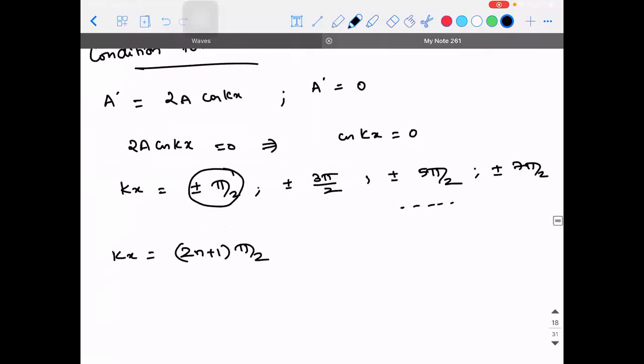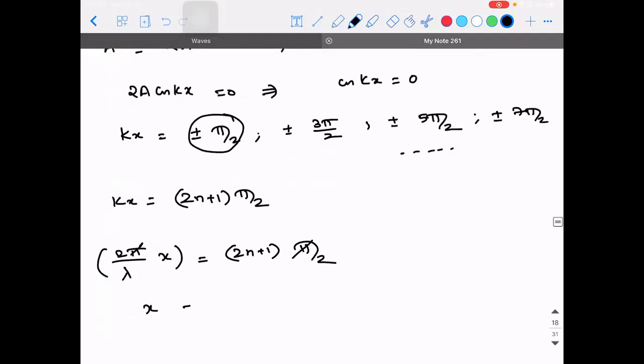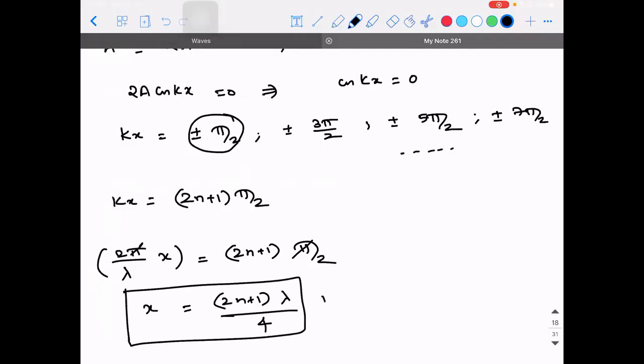You write it as 2n plus 1, times pi by 2. Right? So k is nothing but 2 pi by lambda, because it's the angular wave number. It is 2n plus 1 into pi by 2. Pi and pi are gone. So x will be equal to 2n plus 1 into lambda, the whole divided by 4. So these are the points where nodes are formed.